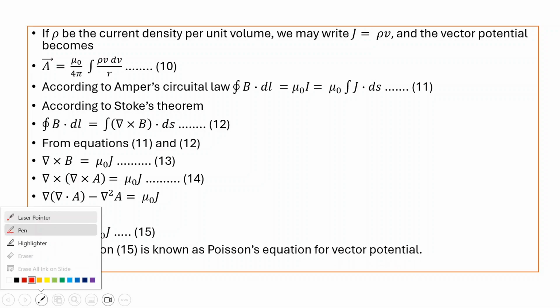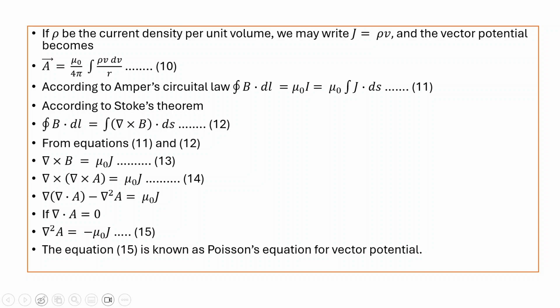You know the Poisson's equation in terms of scalar potential. For that, consider the Gauss law in electrostatics, that is integral E dot ds equal to q by epsilon naught.